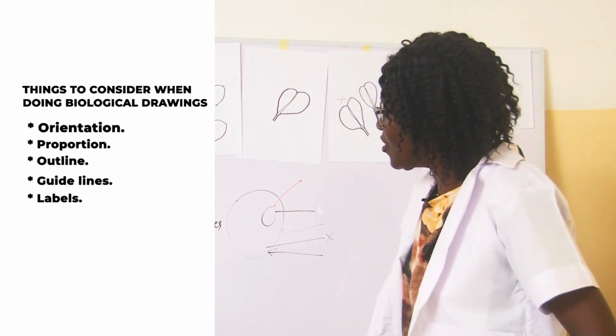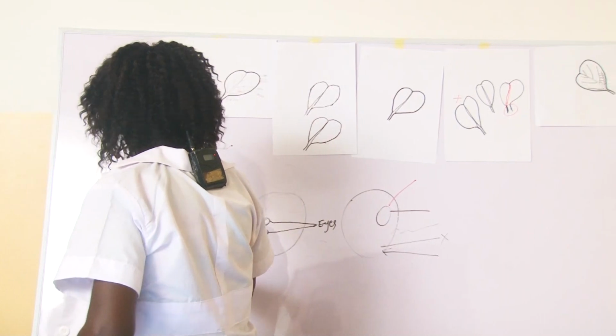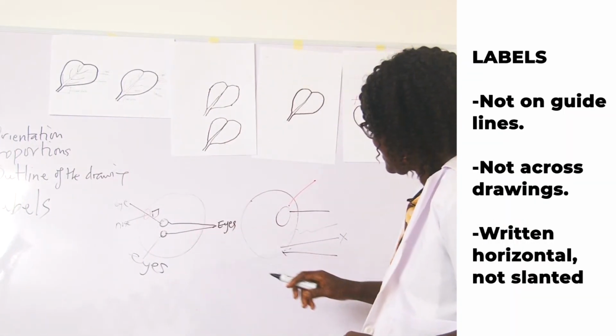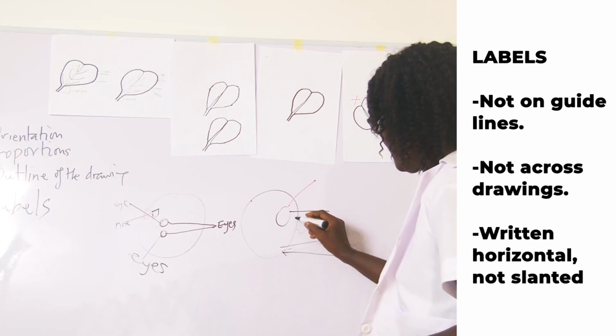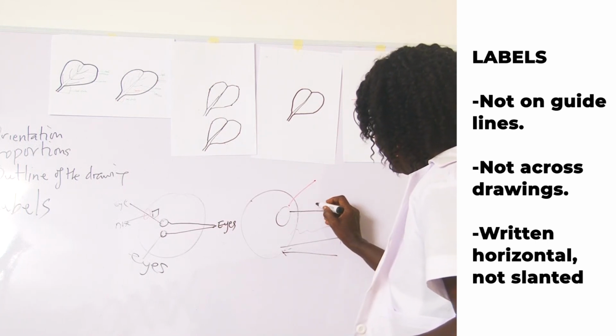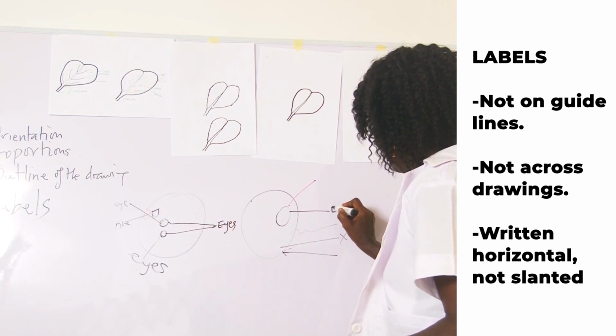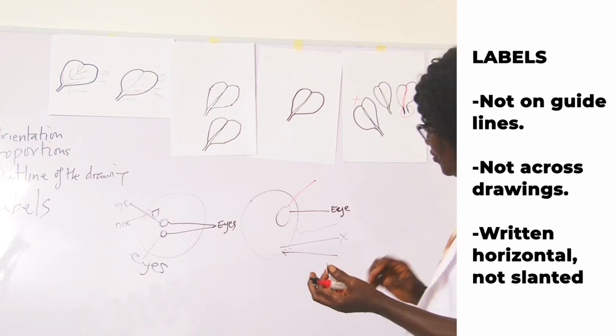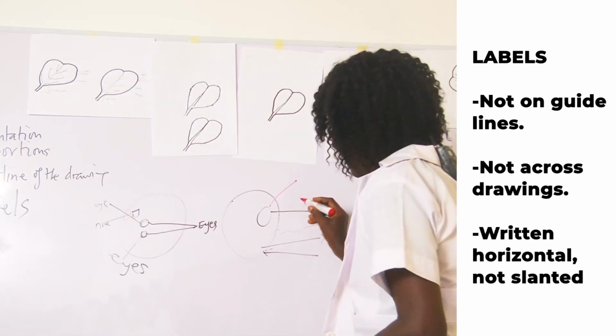Now there's something called labels, and I've been using labels all the time. These are the things that I write. So if this is an eye, the label is here, eye. The label should not stand on the guideline.